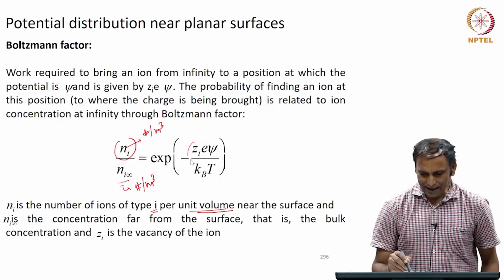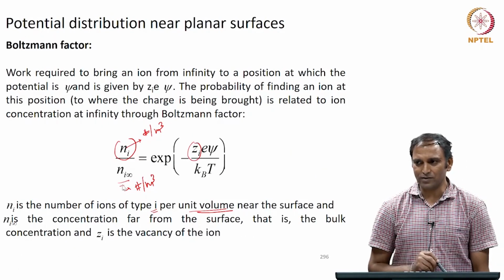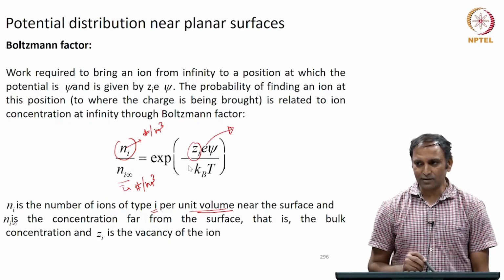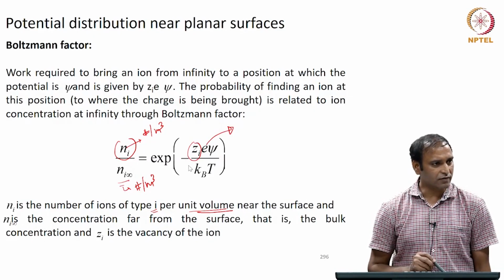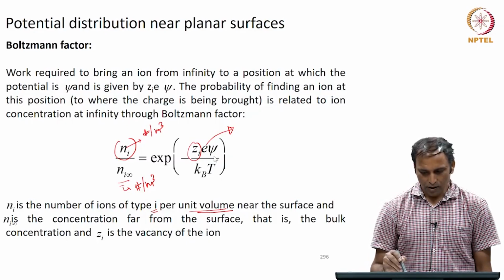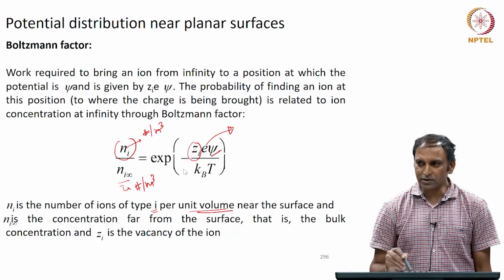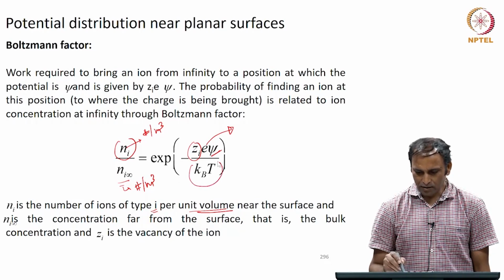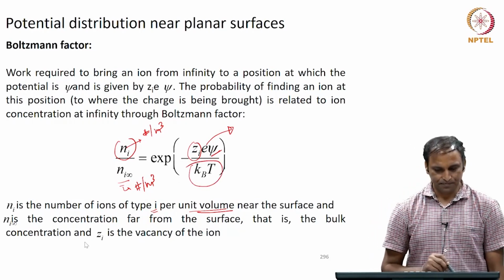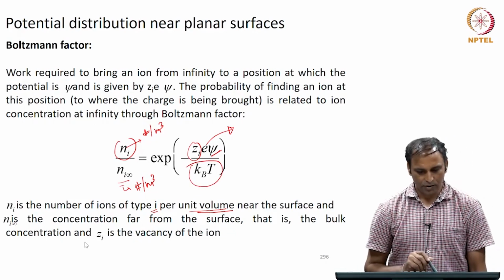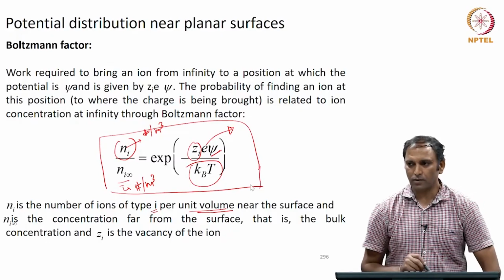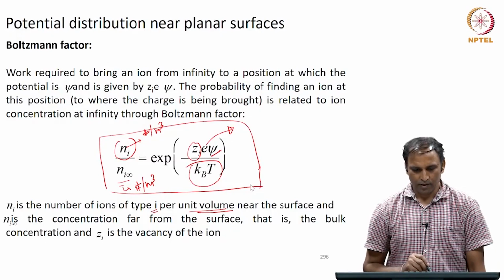Zi is the valency of the ions, e is the charge of the electron, psi is the potential, and kBT is the thermal energy. So, that is the Boltzmann factor.